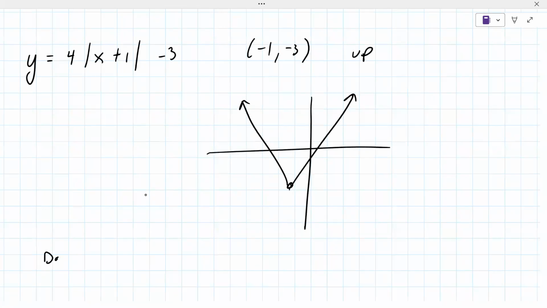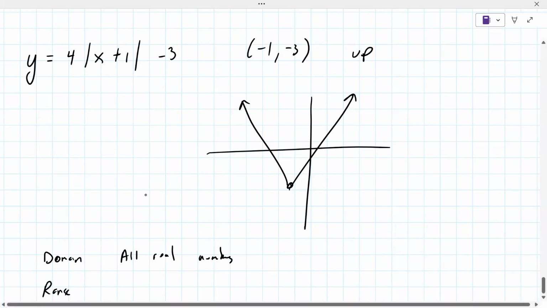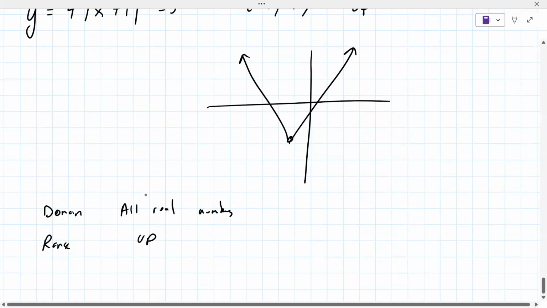The domain is all real numbers, always, no exceptions until otherwise told. Does that sound familiar to you? Yeah. Okay. The range depends on whether it opens up or whether it opens down.